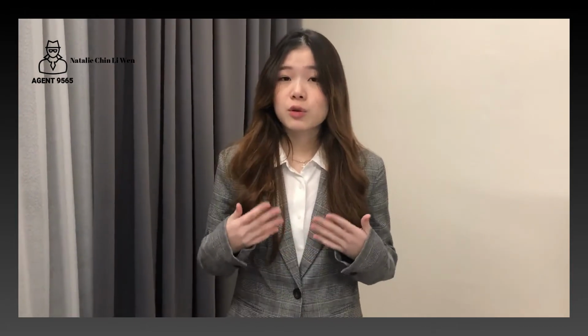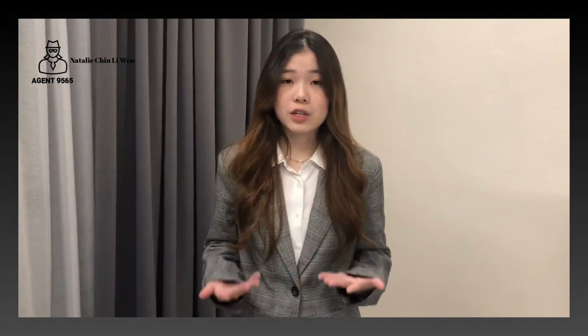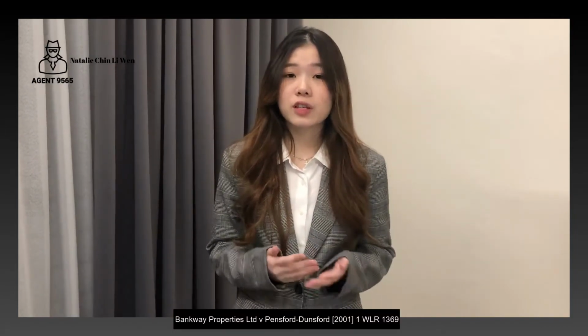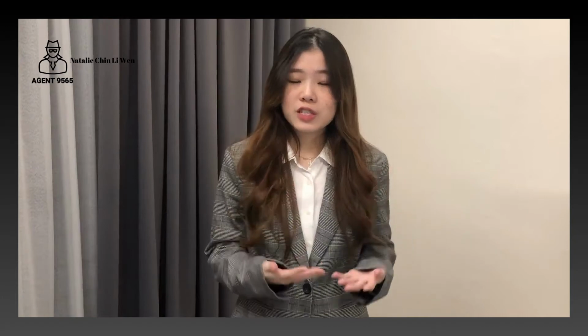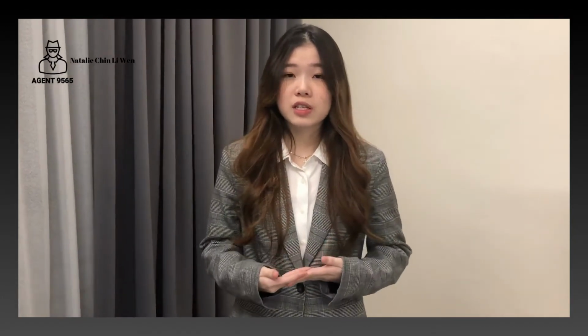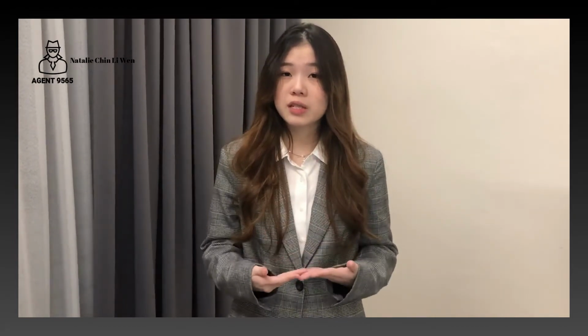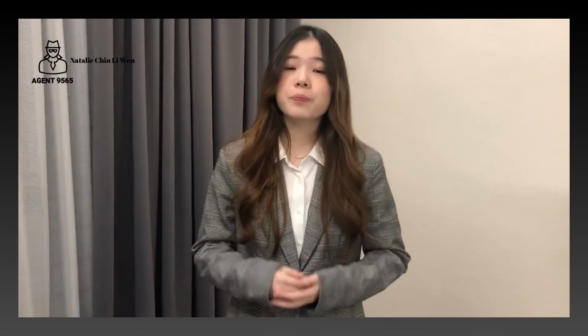Nevertheless, it is important to show that there is no sham agreement or labelling issues. In the case of Bankway Properties and Pensford, it is seen that the courts are certainly concerned with preventing the exploitation of vulnerable tenants by dishonest landlords through the use of such terms as license agreement.